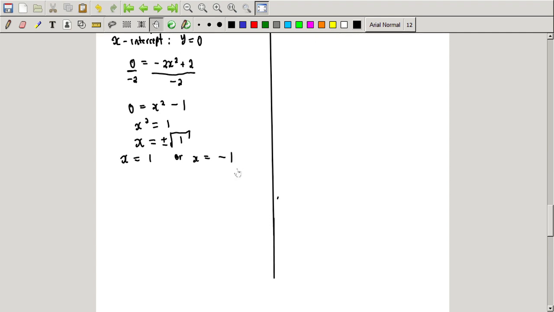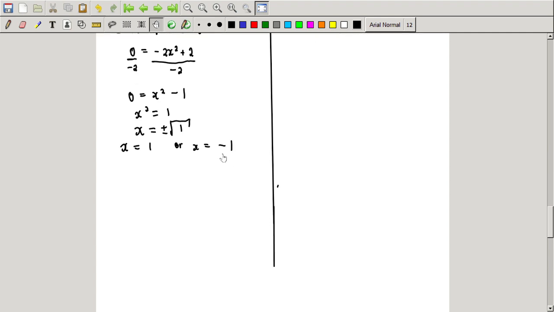So now we're about to get the y-intercept.